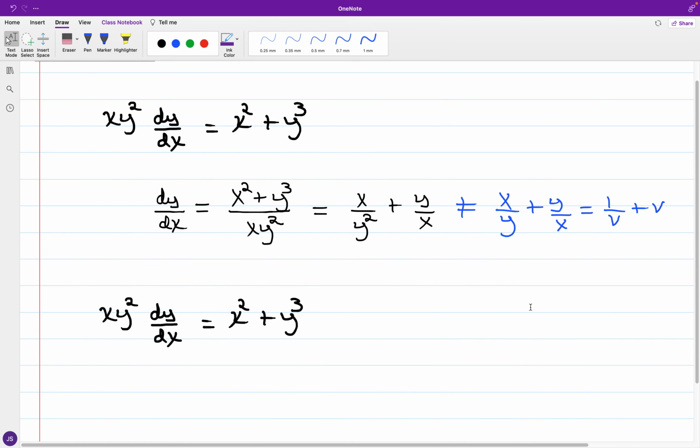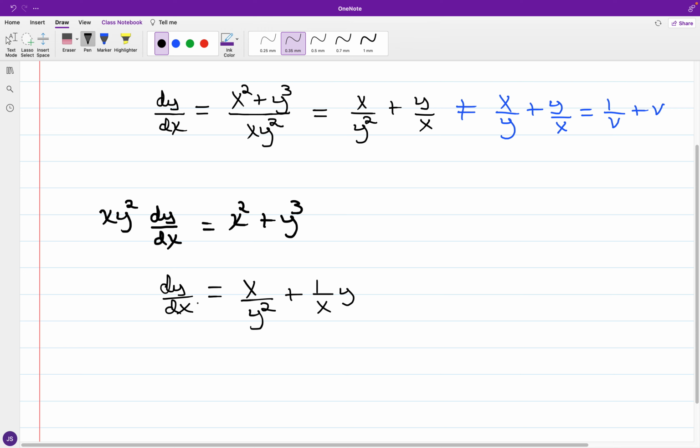Again, for the reduction, we have dy over dx. If we divide by xy squared, we have x over y squared, and for y over x we have 1 over x times y.